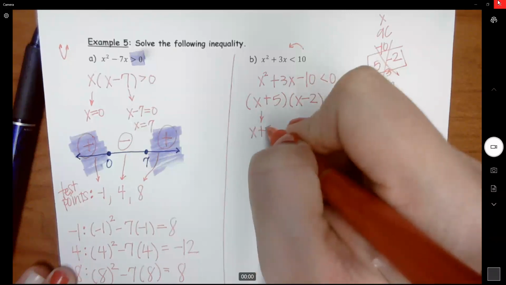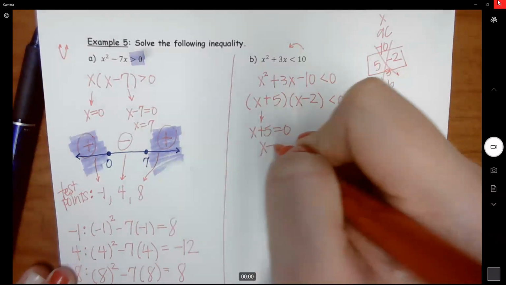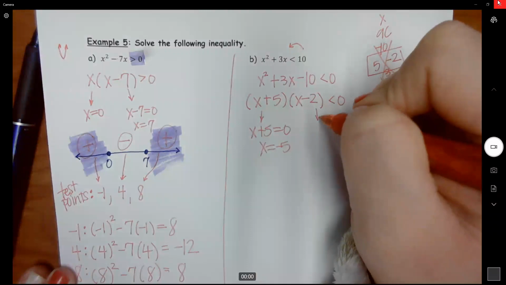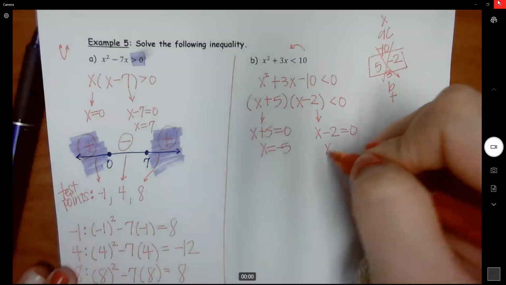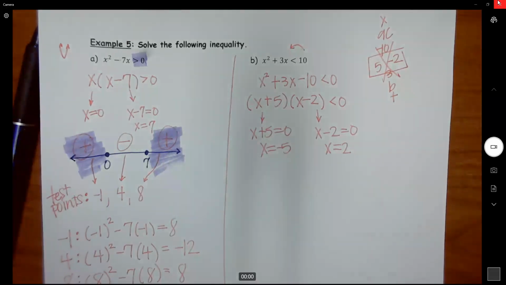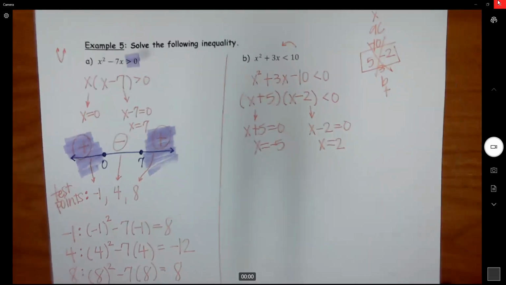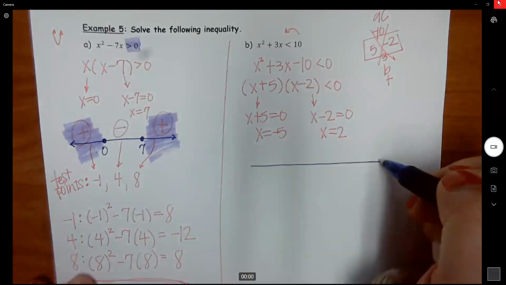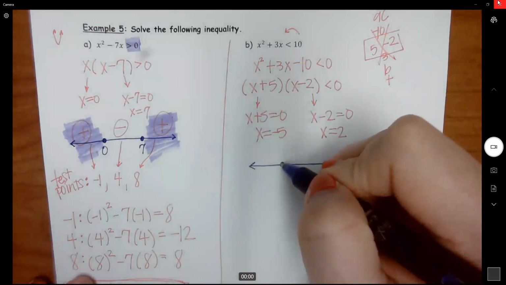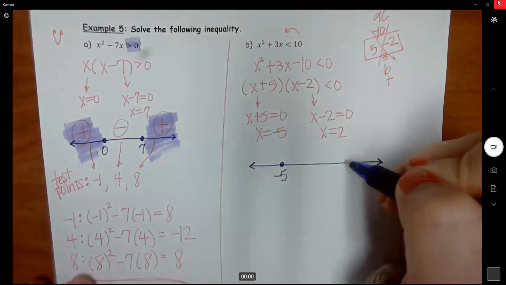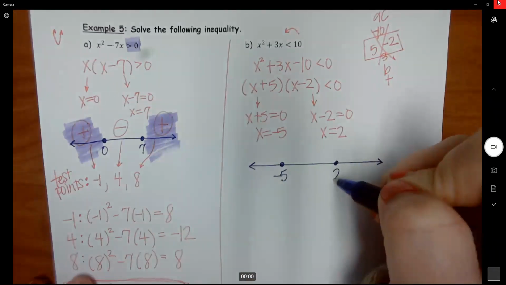When I set x plus 5 equal to 0, I'm going to get x is negative 5. And when I set x minus 2 equal to 0, I'm going to get x is 2. So when I set up my number line, I've got negative 5 and I have 2.